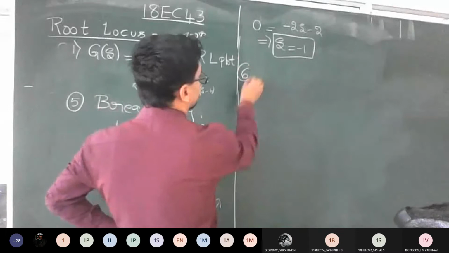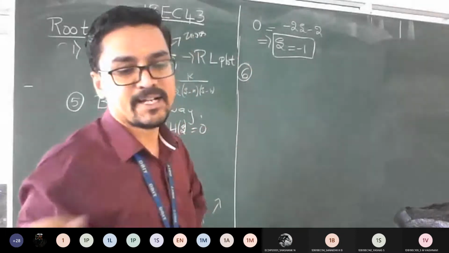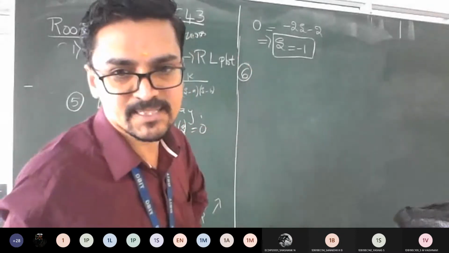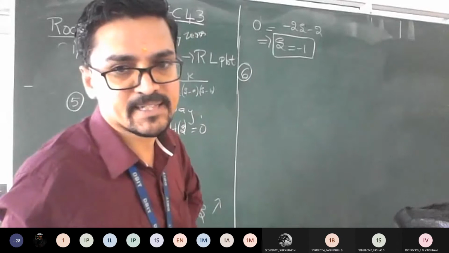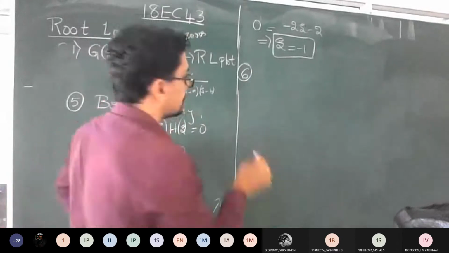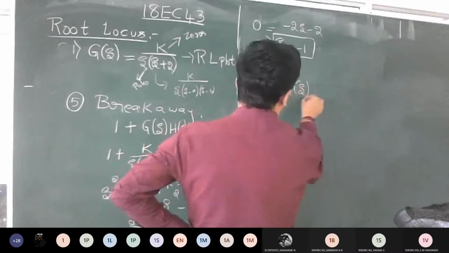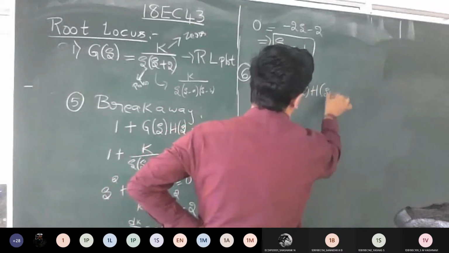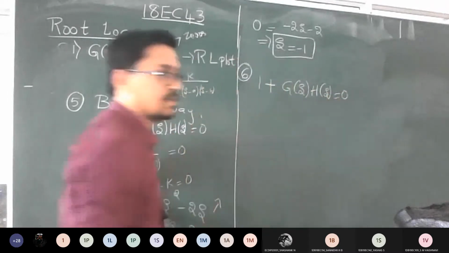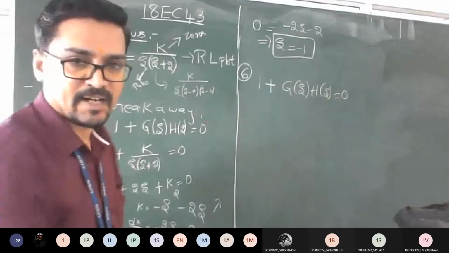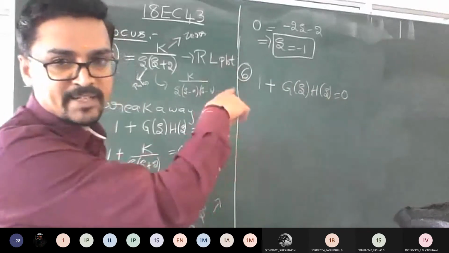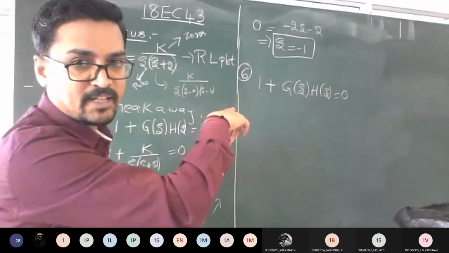So what does step number 6 tell? You need to find the intersection with the imaginary axis. Same concept, repeat your characteristic equation, and after simplification, don't waste your time substituting and calculating again.